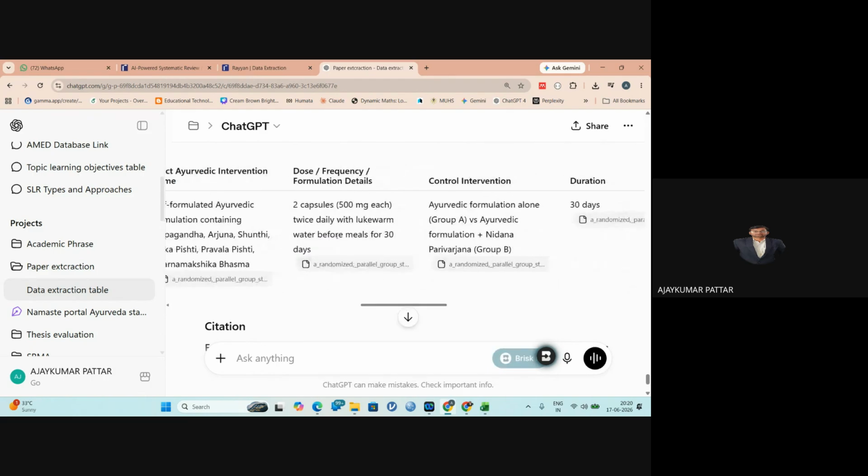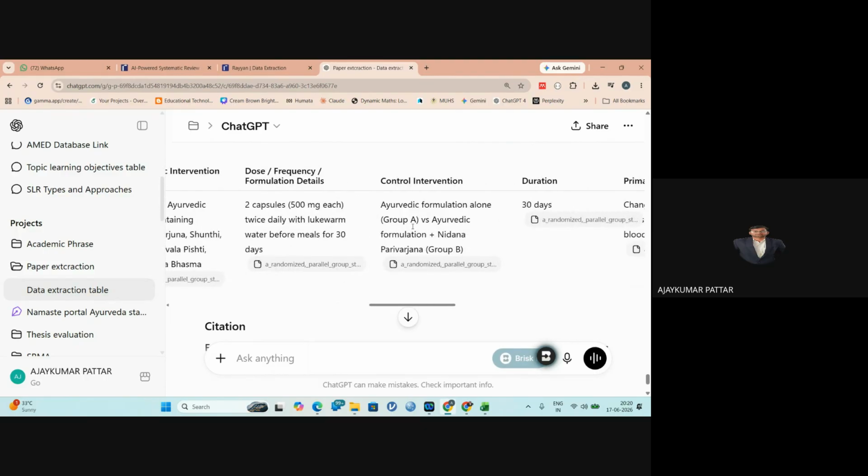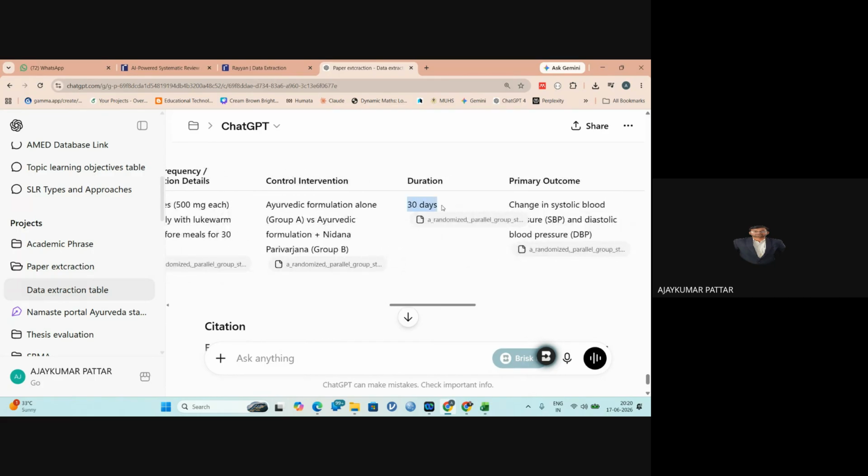Then dose: 2 capsules, 500 mg each. Control: the Ayurveda formulation alone, group A, versus Ayurvedic formulation plus Nidana Parivarjana. What they have done, they have given one group the formulation alone. For the other group, they have added Nidana Parivarjana along with the formulation. Duration: they have given 30 days.